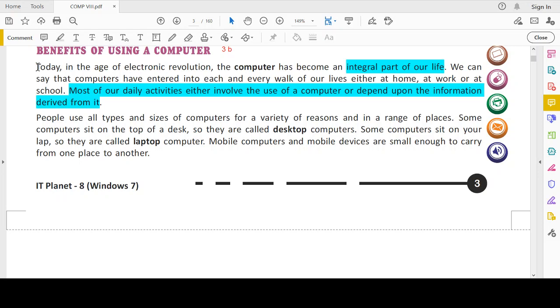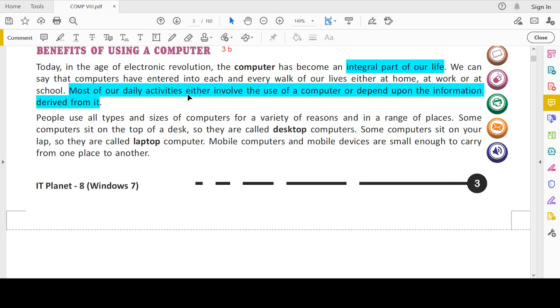So let's see. Today, in the age of electronic revolution, the computer has become an integral part of our life. We can say that computers entered into each and every walk of our lives, either at home, at work, or at school.